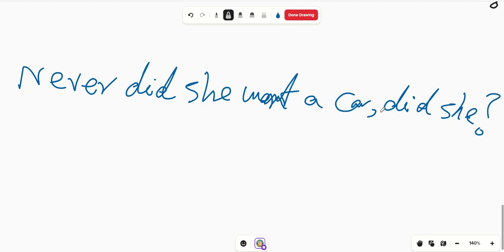It's full of emphasis. Never did she want means she never wanted a car. It's inversion. I will make a video about inversion in like a week or more than a week. So I'll talk about it in our next video. But here, never did she want a car means she never wanted a car. What's that question? Did she?